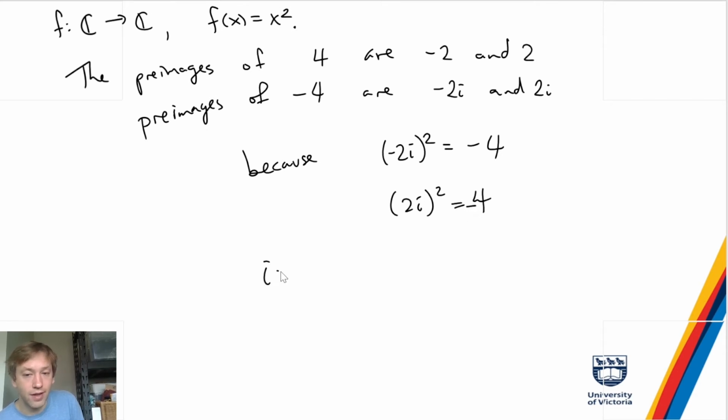So here, i is defined to be the square root of -1. Okay, so hopefully these definitions are a bit more clear.